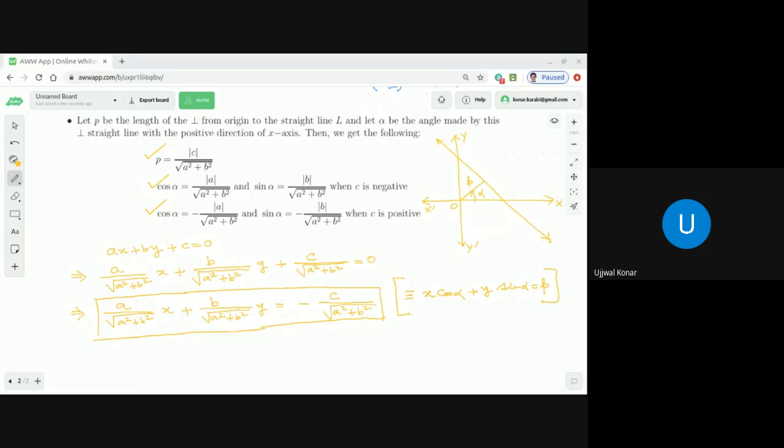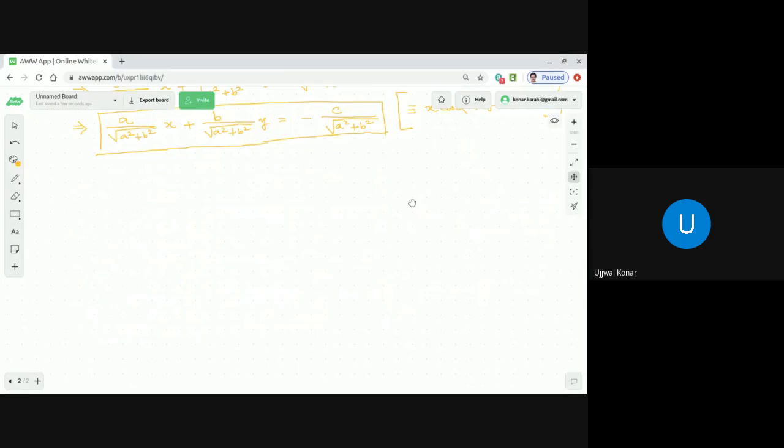The first one is the length of the perpendicular from any arbitrary point x1 y1 to the straight line L. What does it mean? Suppose we have a straight line, and this is a point.